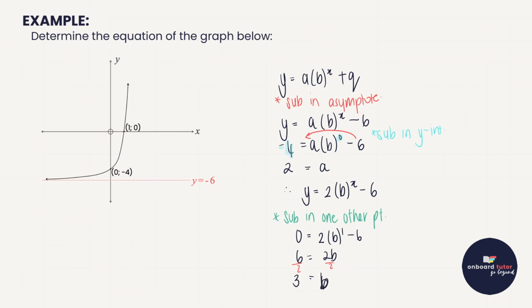So there we have a nice little answer. We know the q value, we know the a value, and the b value. So we have worked out the equation here. Therefore, y is equal to 2 times 3 to the x, for an exponential graph, minus 6.